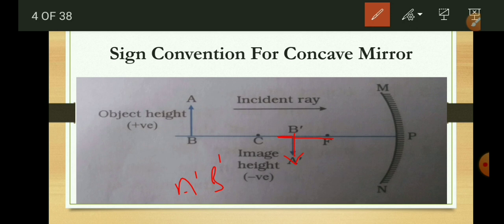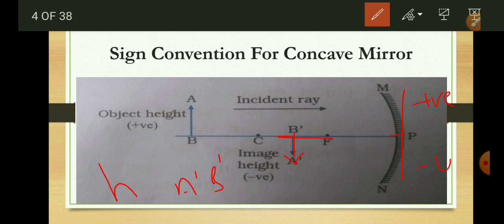And as we know, anything which is upward is positive, and downward is negative of our origin. So here image is real and inverted. As it is inverted image, the height of image we will take as negative.